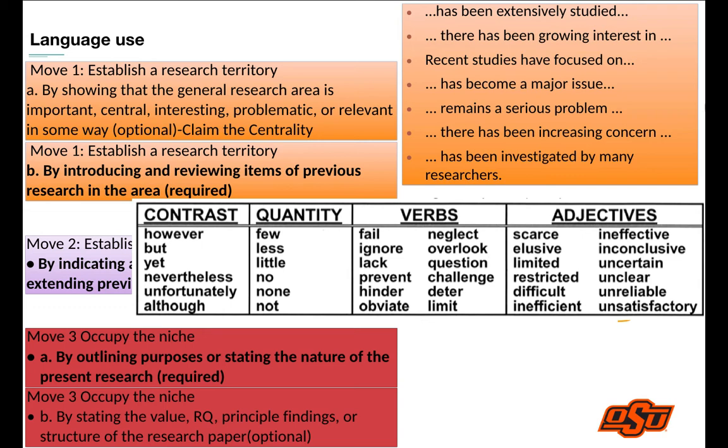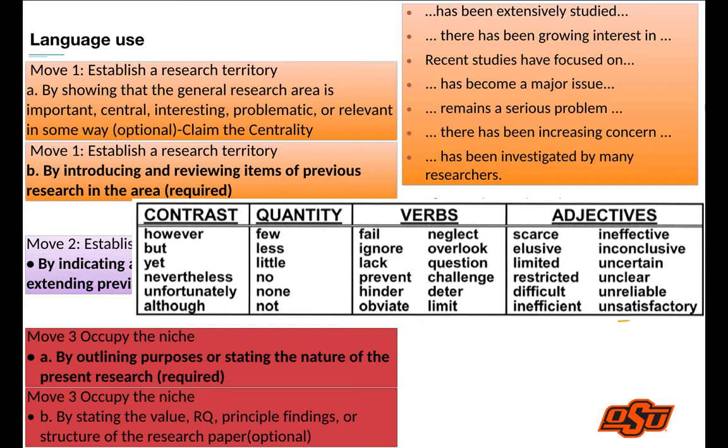Or you might use something like, "A lot of research has been done in the field, but people have failed to do something." And here are the options which might be useful for your own introduction writing.